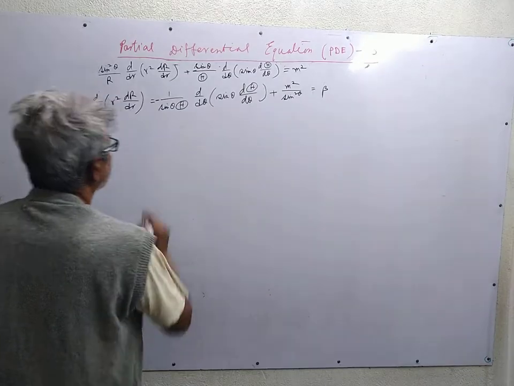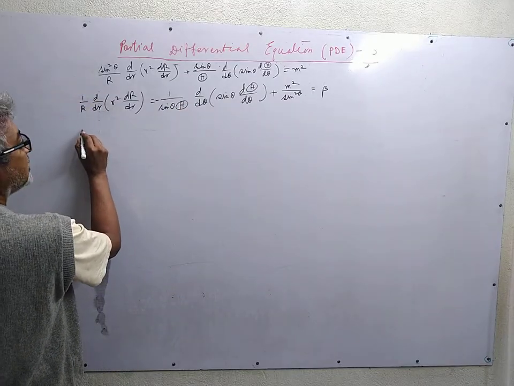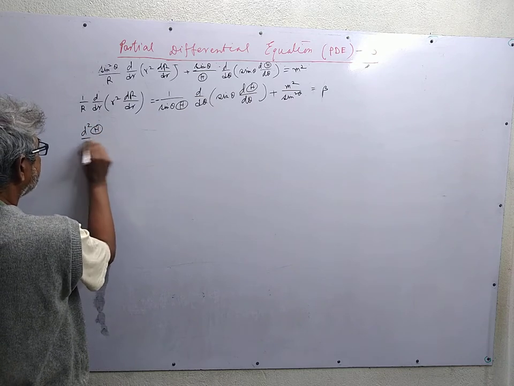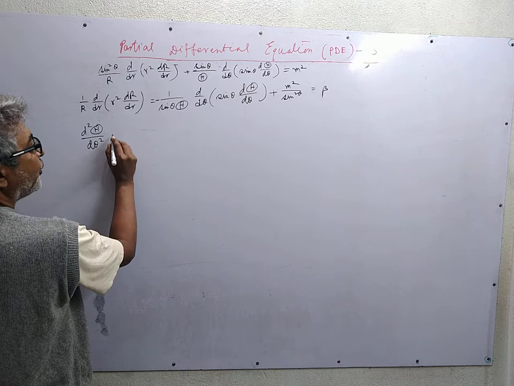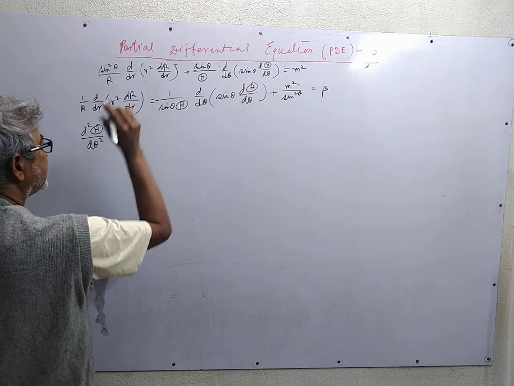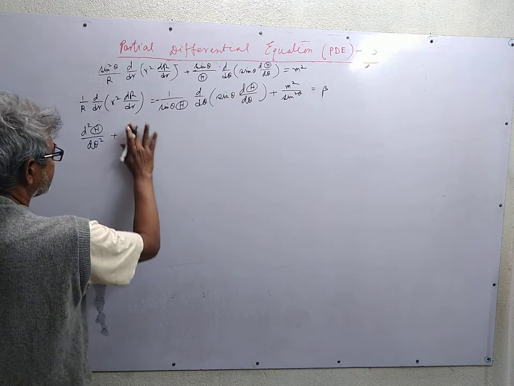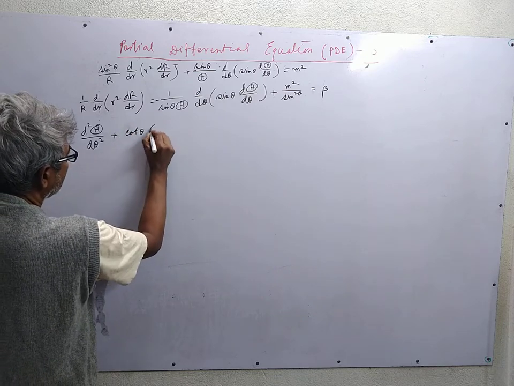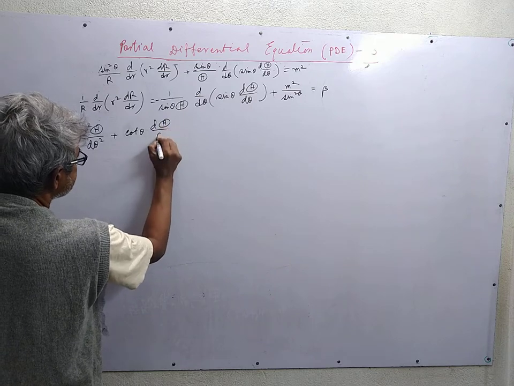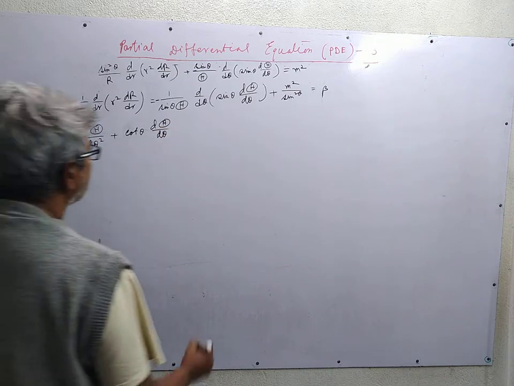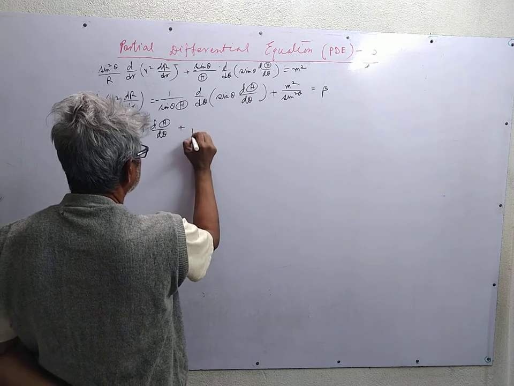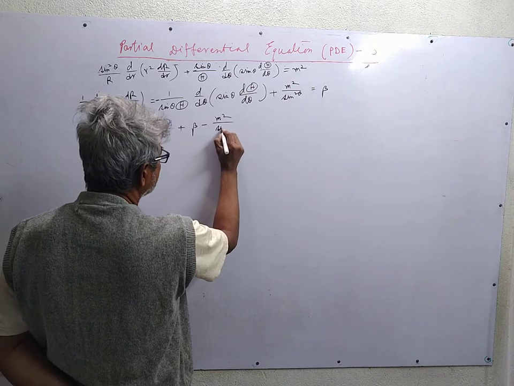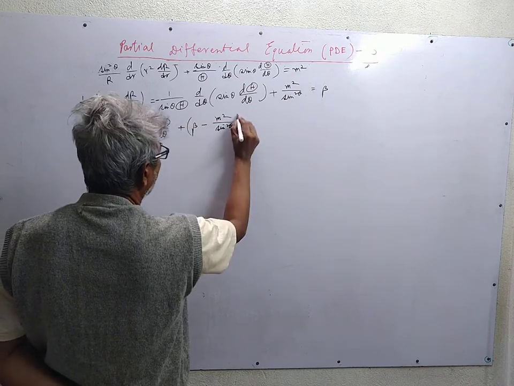So the first term is d2 Theta d theta 2 plus, when you differentiate it, this is cos theta, and in the denominator we have sine theta, so it is cot theta d Theta d theta, plus beta minus m square by sine square theta times Theta.